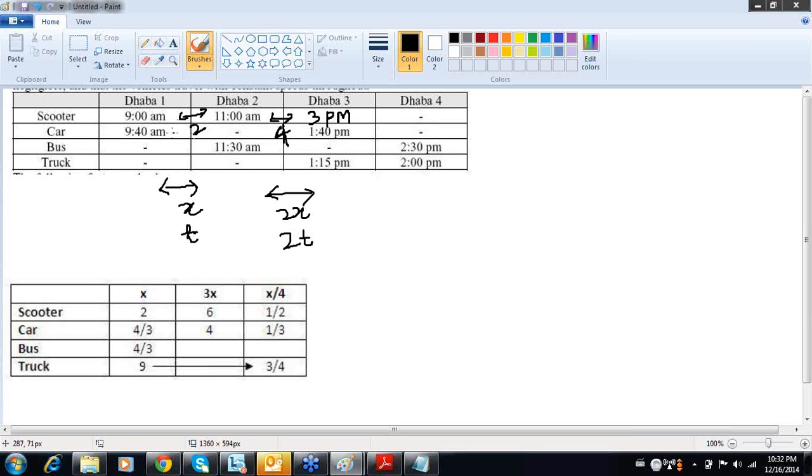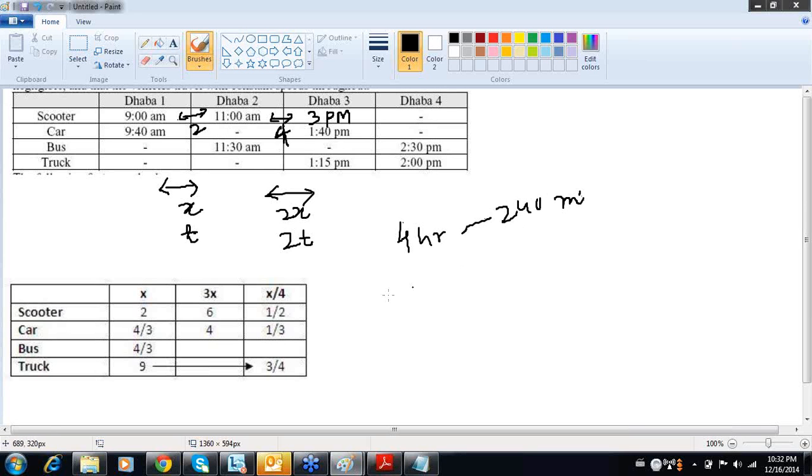Similarly, if it reached here at 9:40 a.m. and here at 1:40 p.m., what is the difference between 9:40 a.m. and 1:40 p.m.? That is 4 hours. So 4 hours means 240 minutes.